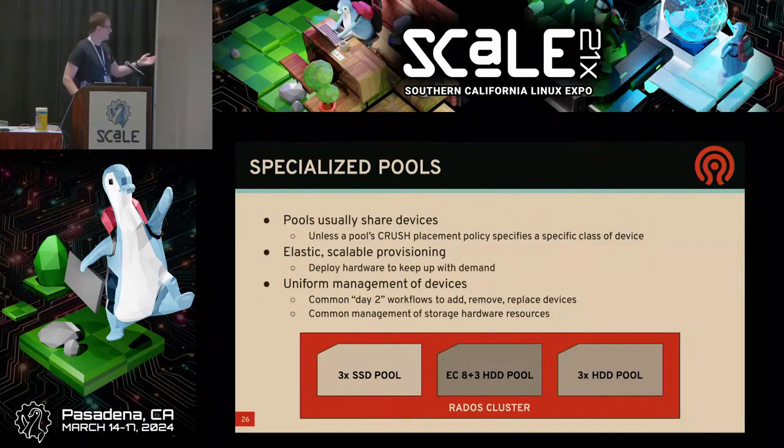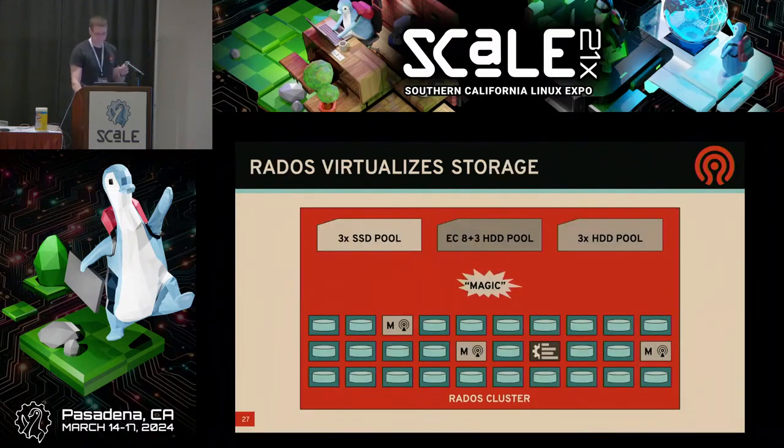Within a given RADOS cluster, it is perfectly plausible to have hard drive pools and SSD pools and erasure-coded hard drive pools, or even erasure-coded SSD pools, though usually you don't do that because they're sort of at cross purposes. But in the end, you have this reliable autonomic distributed object store.